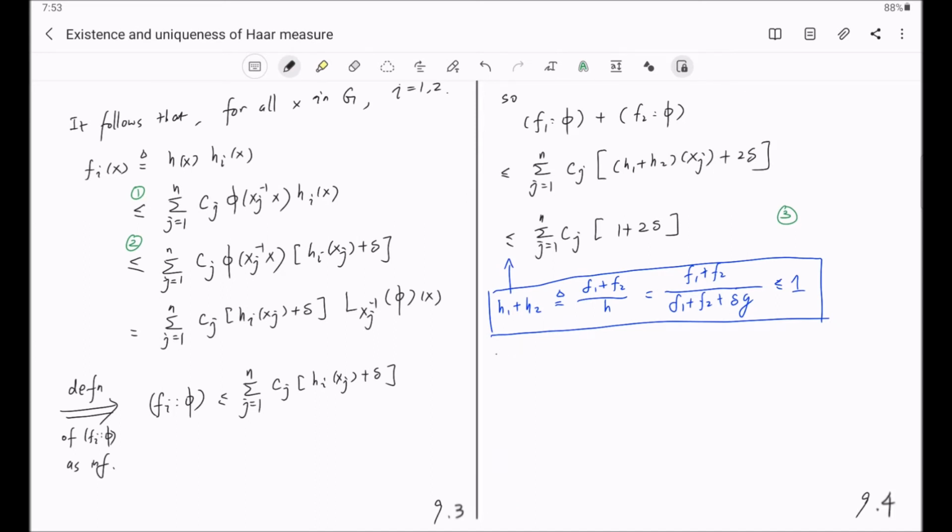So now from number 1 and the definition of h column phi, we can make the summation of c sub j's, which is from 1 to n, arbitrarily close to the quantity, this Haar covering number of h by phi.